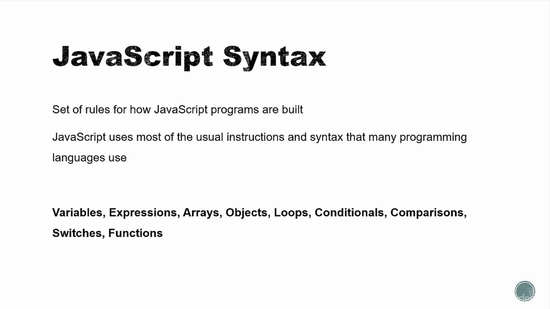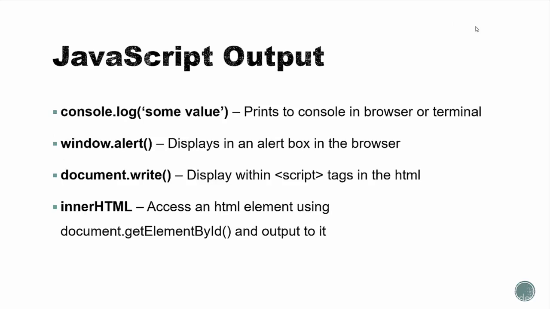All right, so JavaScript syntax is a set of rules for how JavaScript programs are built. JavaScript uses most of the usual instructions and syntax that many programming languages use, such as variables, expressions, arrays, objects, loops, conditionals, comparisons, switches, and functions. All right, just to name a few.